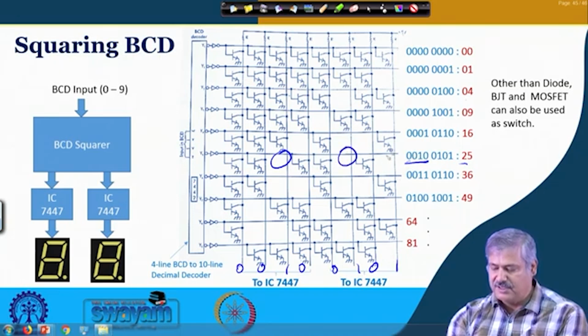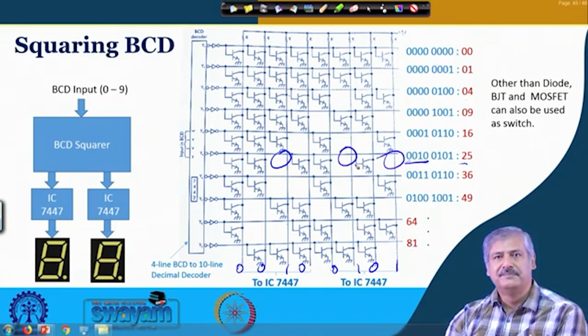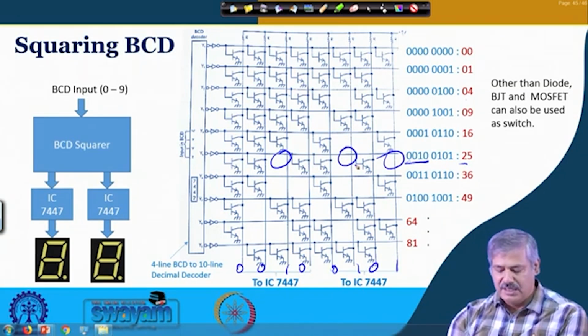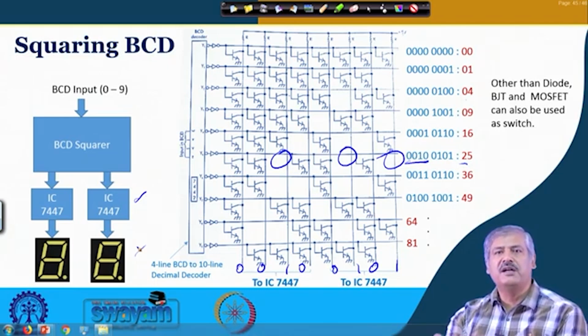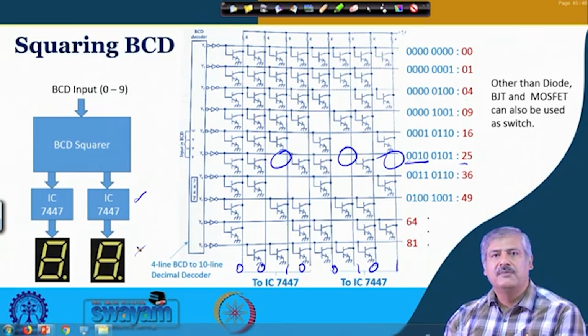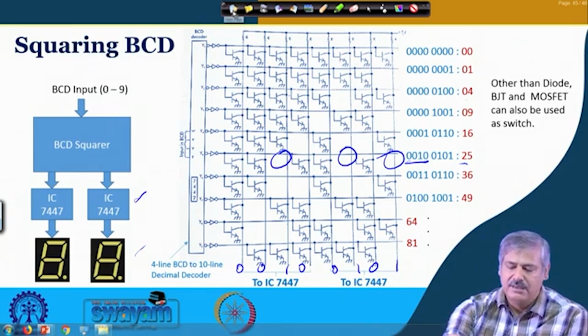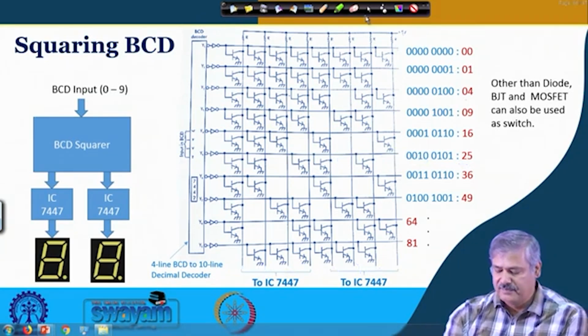So, this point and this point we do not have transistor. Is it fine? And then it is connected to, this line goes to port 7 and through that to the 7 segment display decoder. So, this way many different kinds of lookup table patterns can be generated and the corresponding circuit can be obtained.